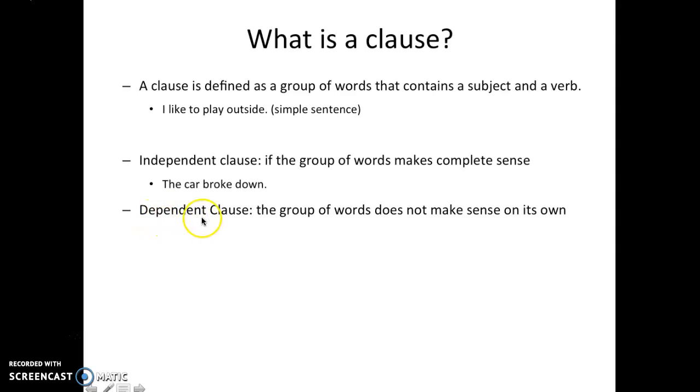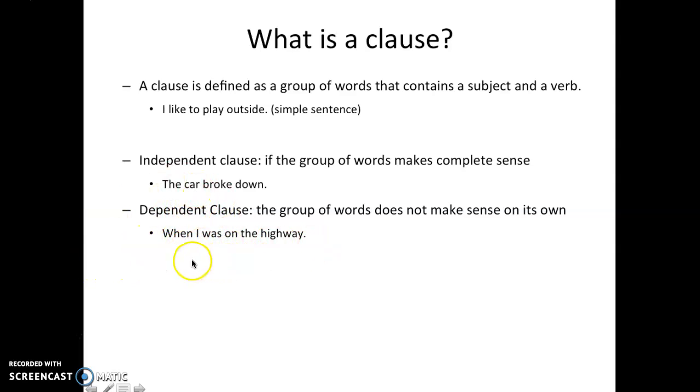But you also have a dependent clause. This is if the group of words does not make sense on its own. Okay, so if you say this, when I was on the highway, it's a dependent clause. You cannot have this sentence on its own because it doesn't make sense. Dependent means ça dépend de quelque chose d'autre, ça dépend d'une autre idée.